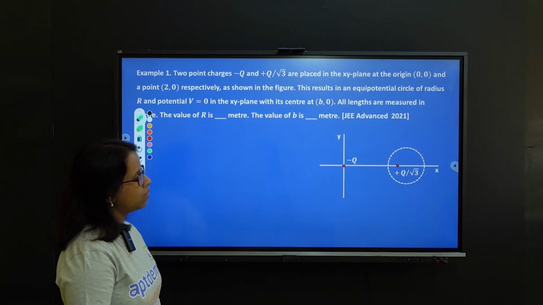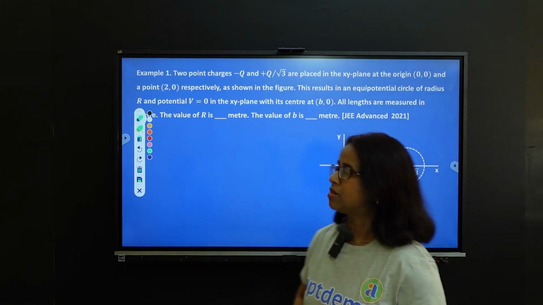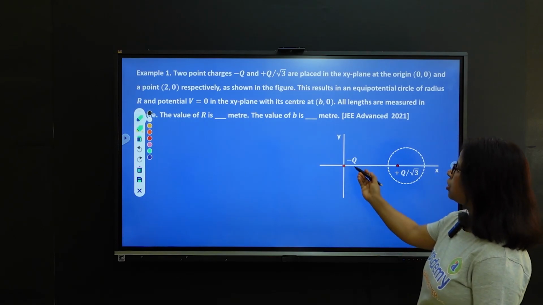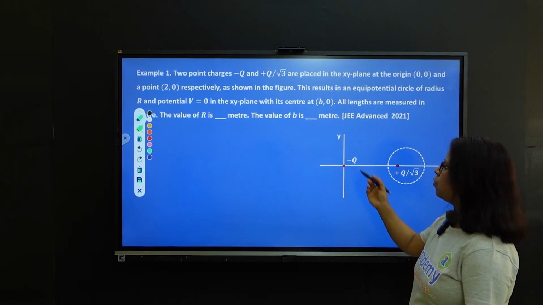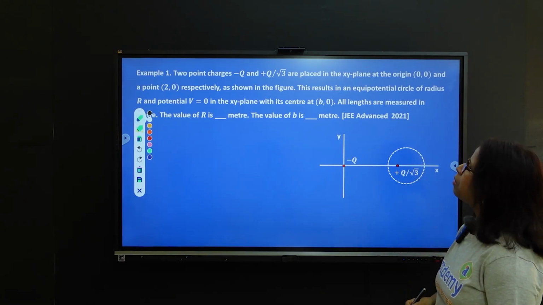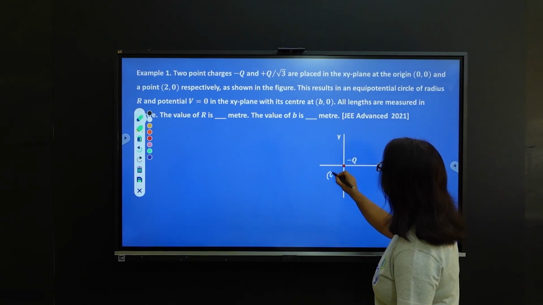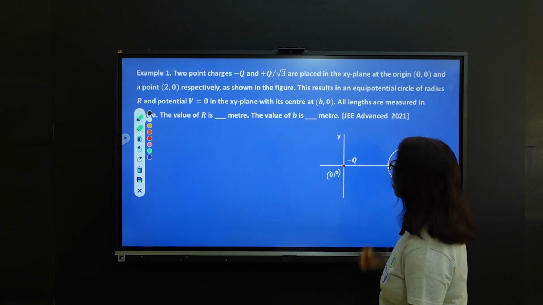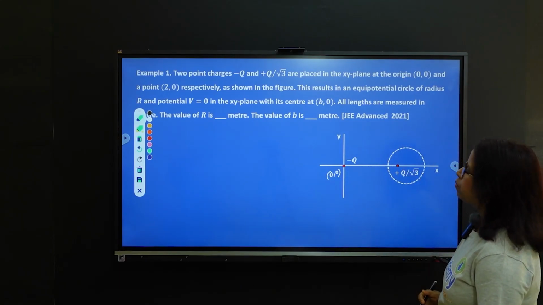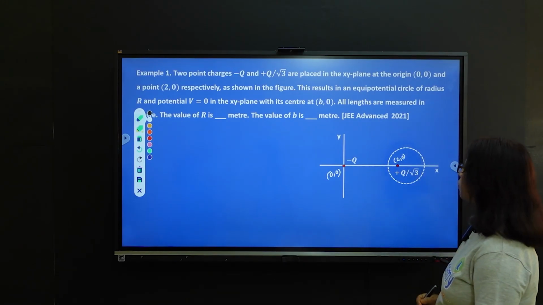So, quickly look at the figure and let us analyze it in a substantial way. We have two point charges here. One charge is negative, equal to minus q, and the other charge is plus q by root 3. The first charge is placed at the origin, with coordinates (0, 0), and the second charge is placed at a point whose coordinates are (2, 0).